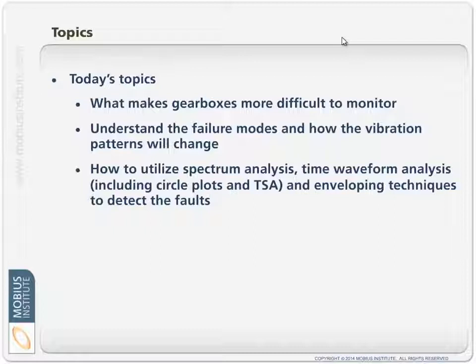The next question we want to look at is to understand some of the failure modes and how vibration patterns will change. Now, this isn't a detailed discussion of all the failure modes of gears. It's really just looking at some of the more common fault conditions and how the vibration will change. We'll look at a little bit of time waveform analysis and also how the spectra will change.